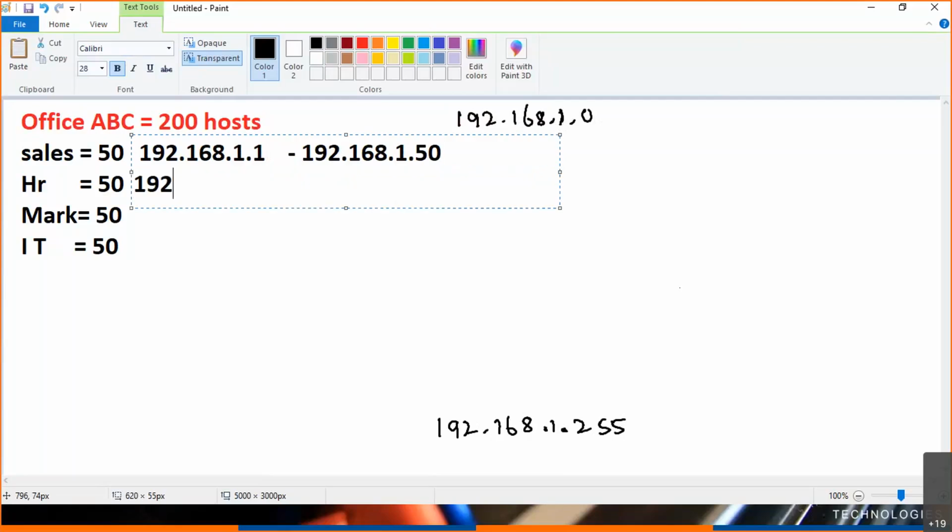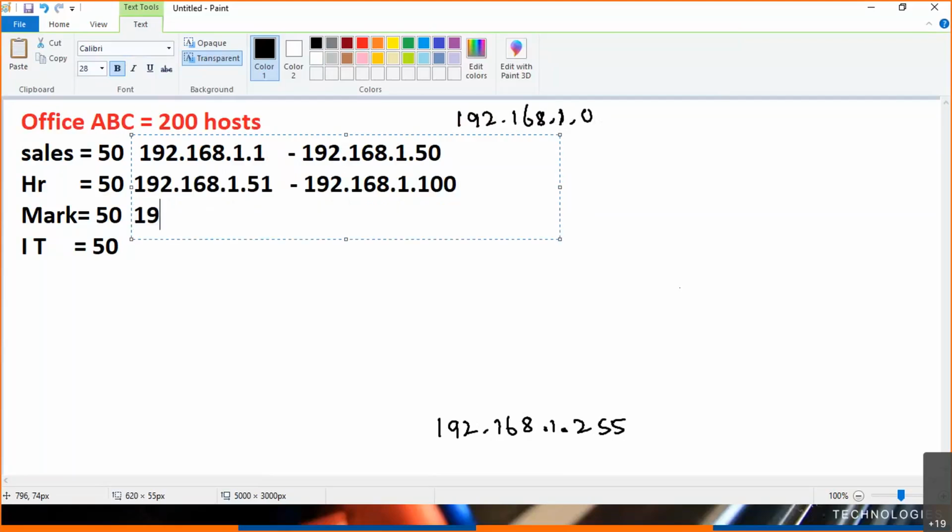For the HR department, 192.168.1.51 to 192.168.1.100.